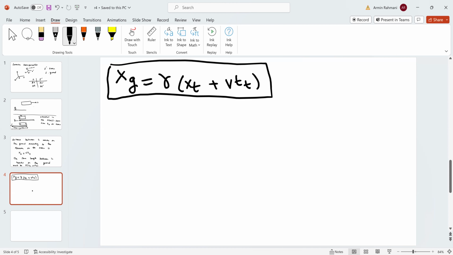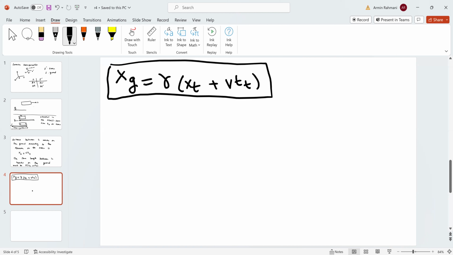It gives us the spatial distance in frame S in terms of the spatial and temporal distances in frame S prime that's moving with the train. Now, let's see what we can say about the time between these paint bomb explosions according to the person on the ground.